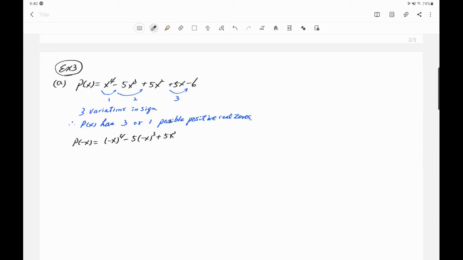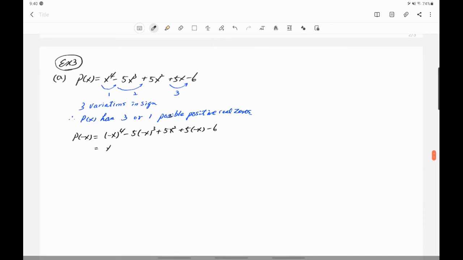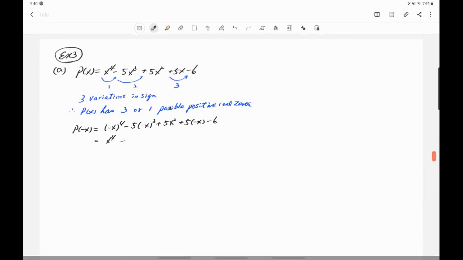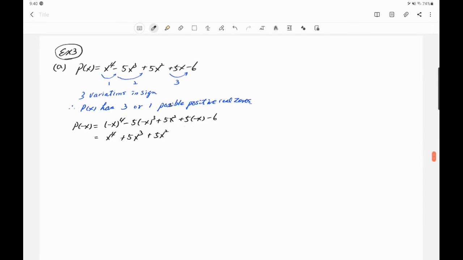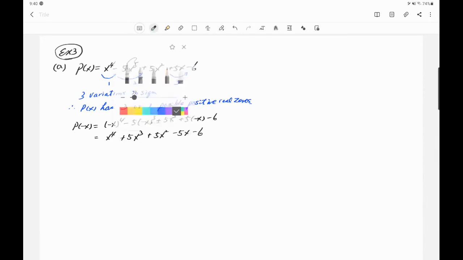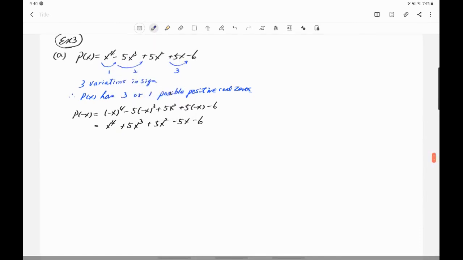Once we put a negative sign, always the negative x, the odd degree term will change the sign, right? The even degree stays the same. Odd degree changes the sign. X cubed, and the x squared stays the same, and then an x term is an odd degree, so change the sign like this, and then count the number of variations in sign.